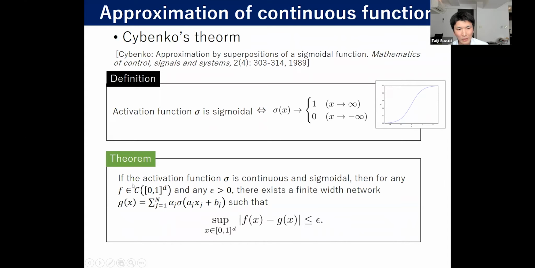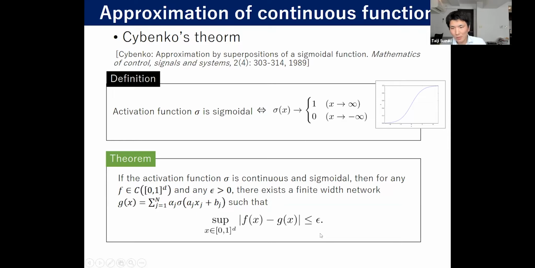Okay, so now we assume that the activation function is continuous and sigmoidal. Then for any function f which is continuous on some compact support, and any precision epsilon, there exists a finite width network like this, such that the L infinity norm between the function f and the neural network is bounded by epsilon.